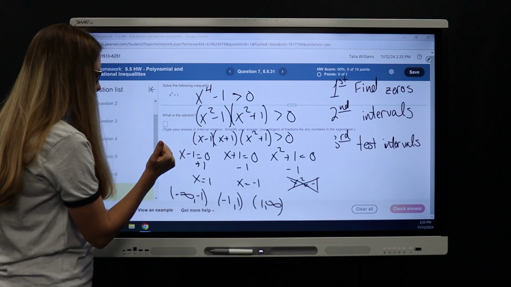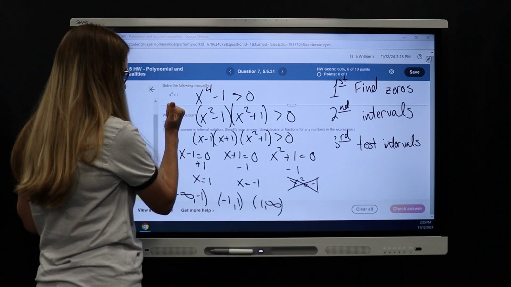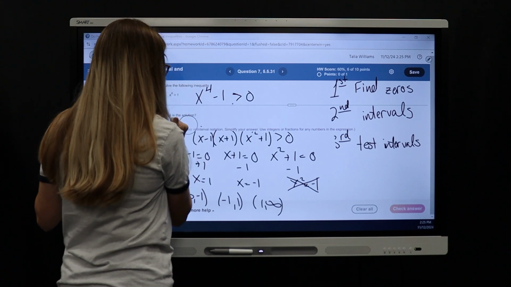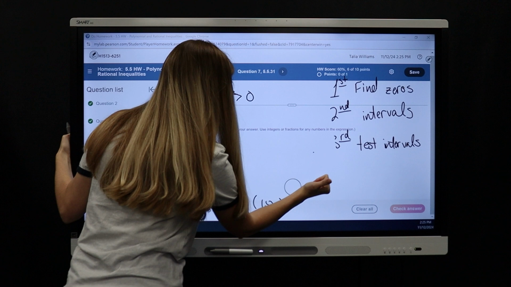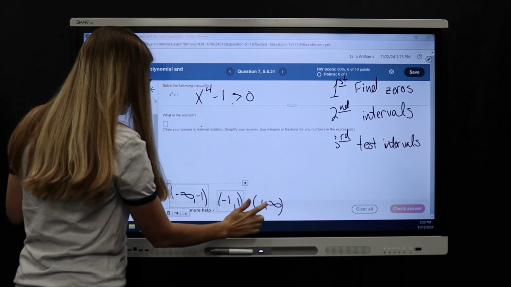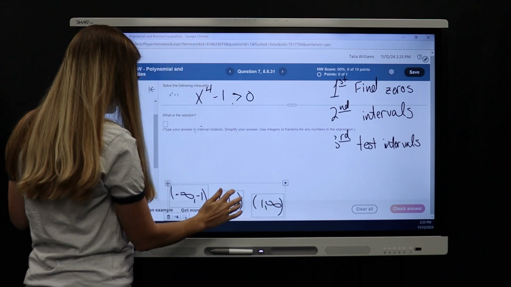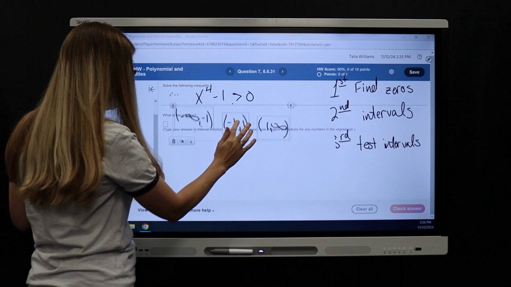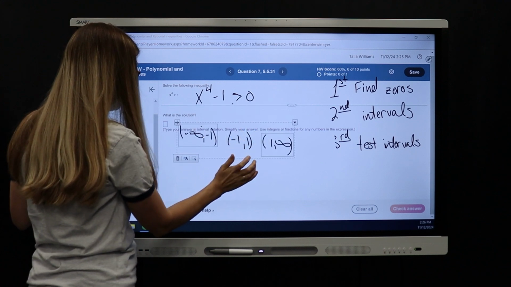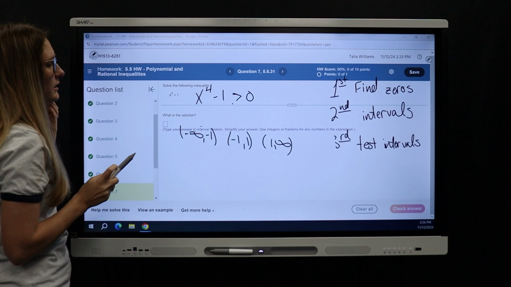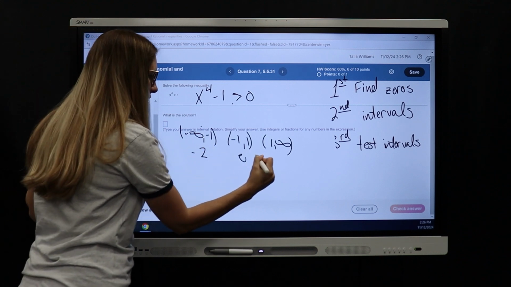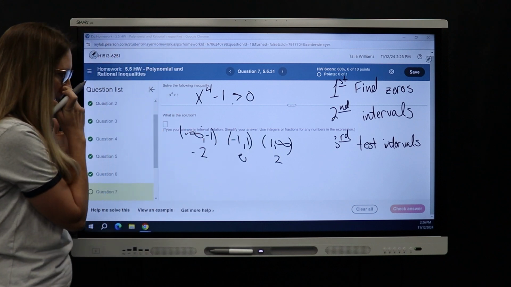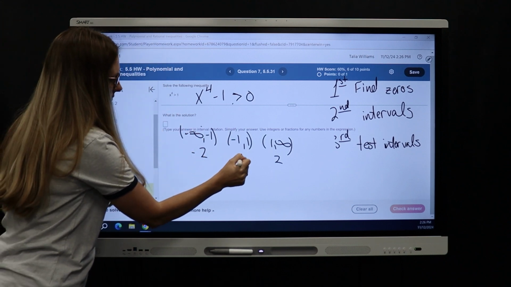Okay, let's get rid of everything. Then I want to use, let's do negative 2, 0, and positive 2. Funky 0.